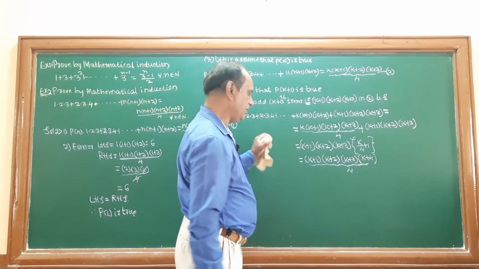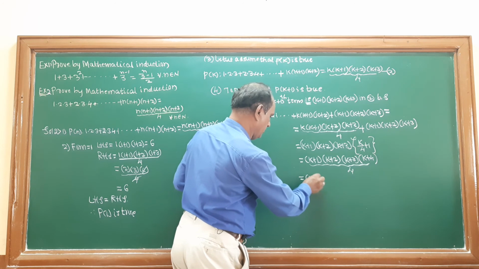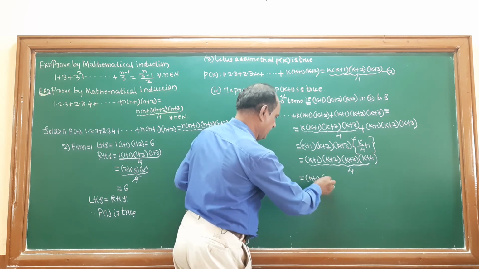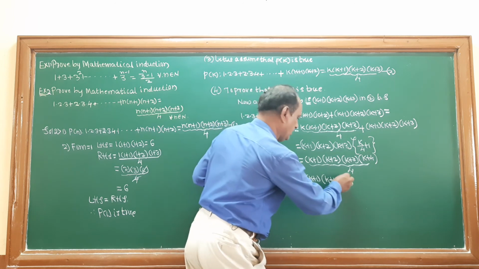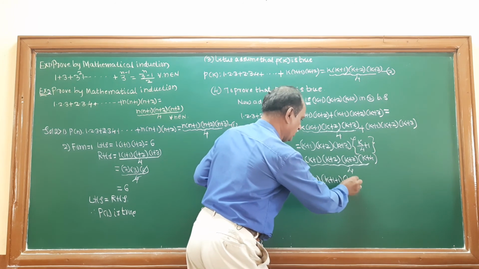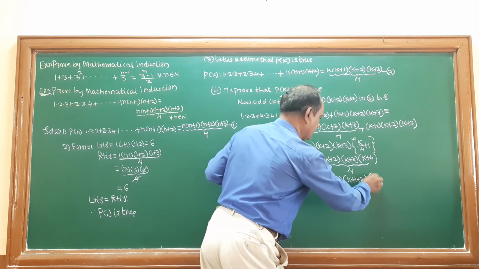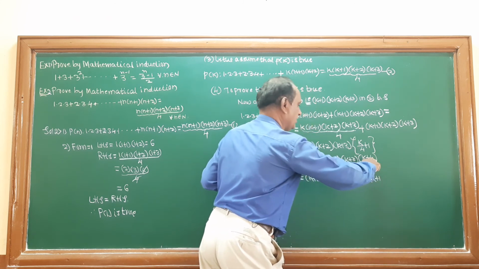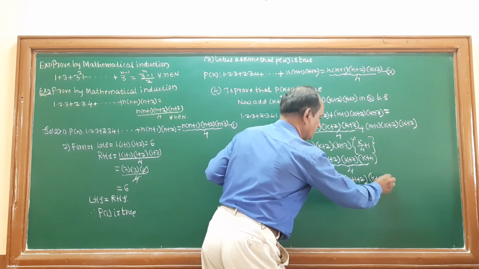At the end, rearrange the equation: k+1 as it is, then multiplied by k+2, then (k+1)+1, next (k+3) as (k+1)+2 multiplied by (k+1), and 4 is written as (k+1)+3.